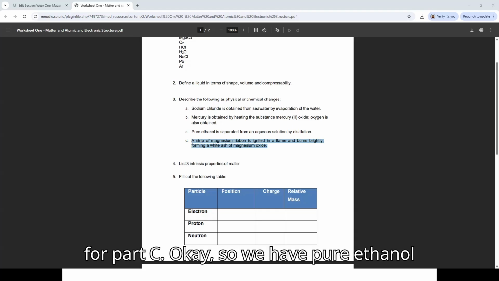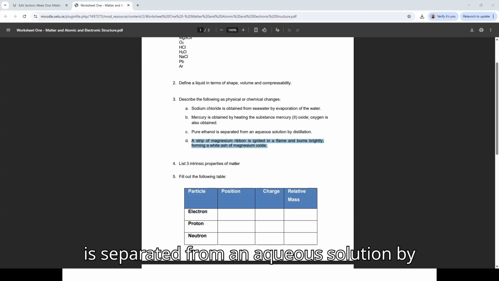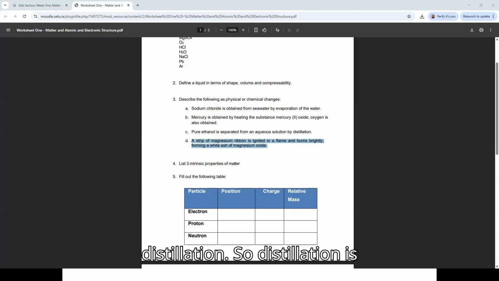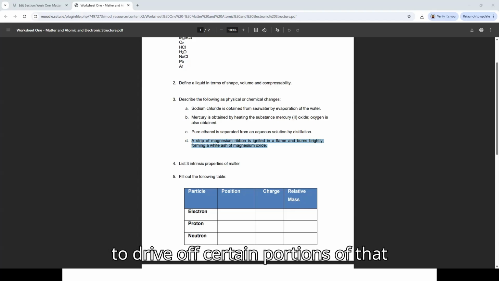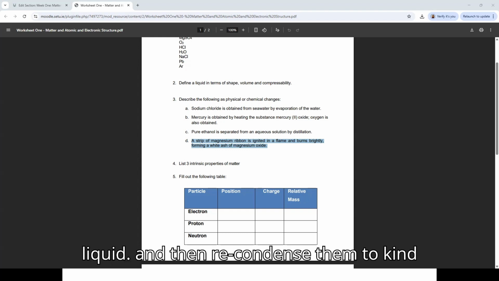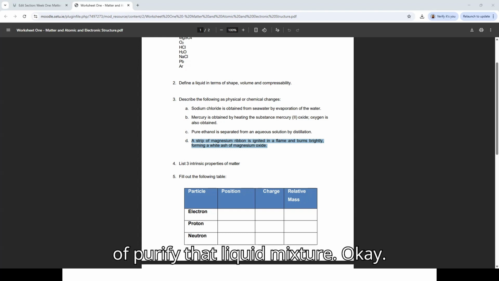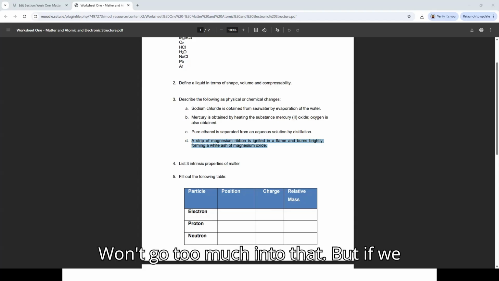The same for part C. We have pure ethanol is separated from an aqueous solution by distillation. So distillation is basically heating an aqueous mixture to certain temperatures in order to drive off certain portions of that liquid and then recondense them to purify that liquid mixture. Okay, won't go too much into that.